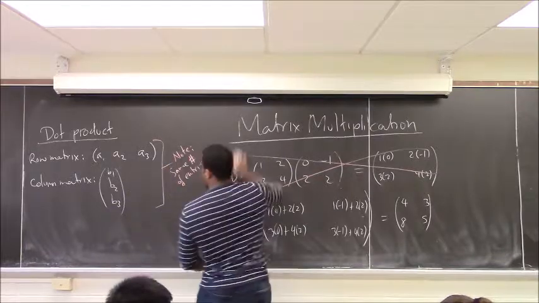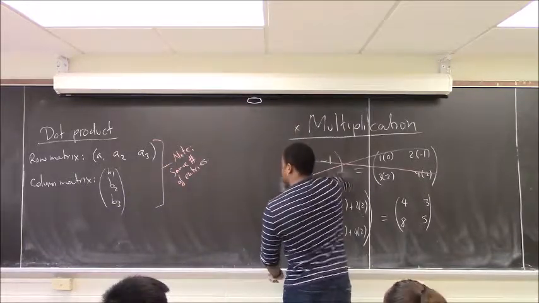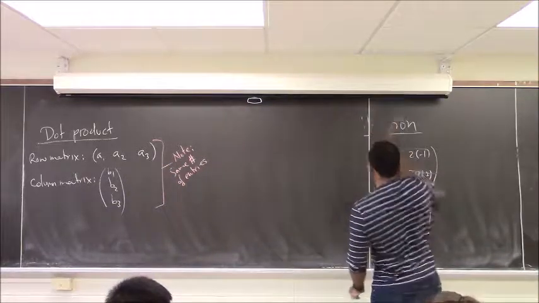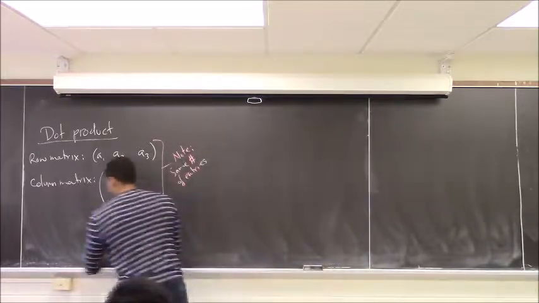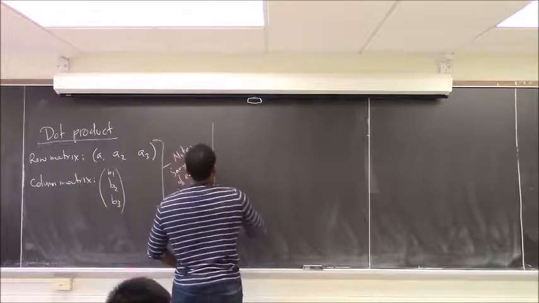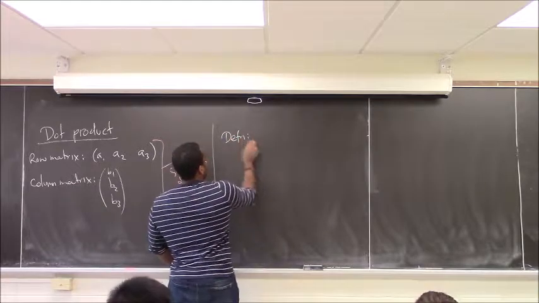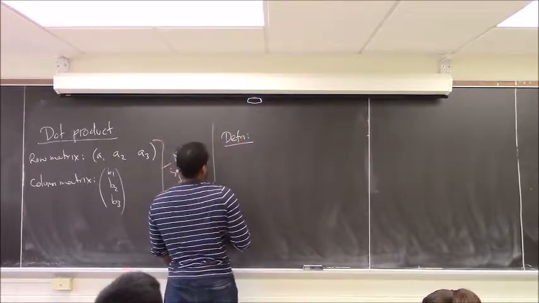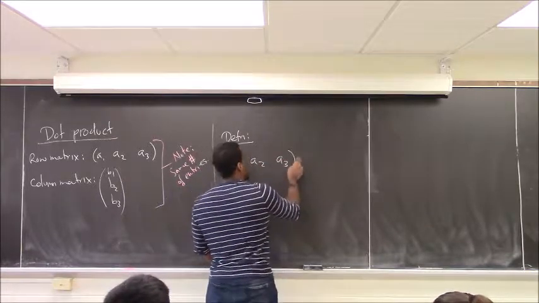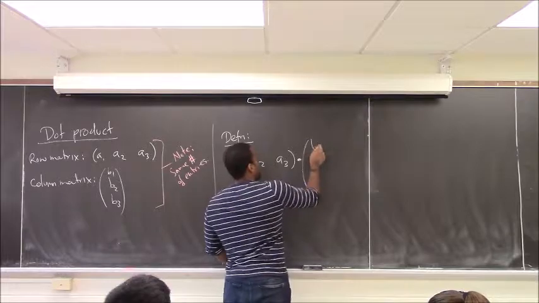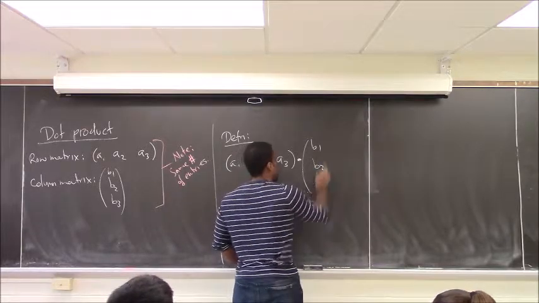We define what's called a dot product between these in the following way. I can say A1, A2, A3, dot product with B1, B2, B3.